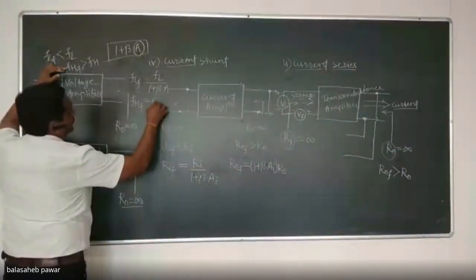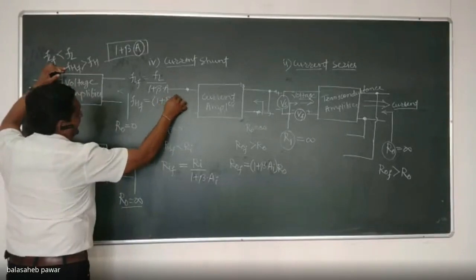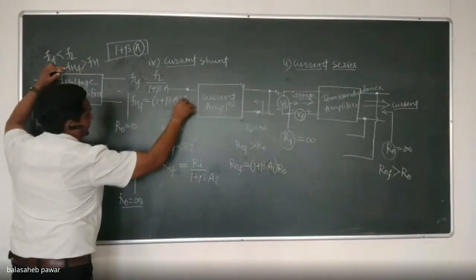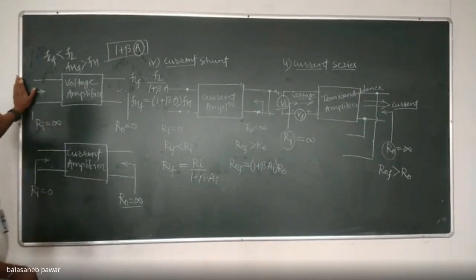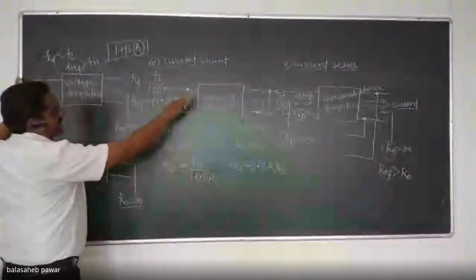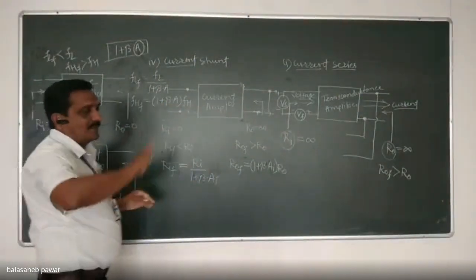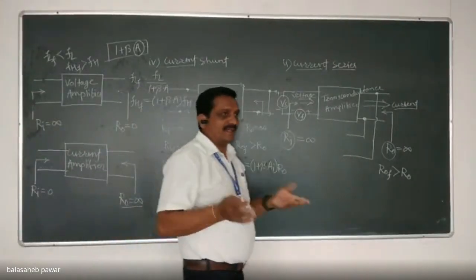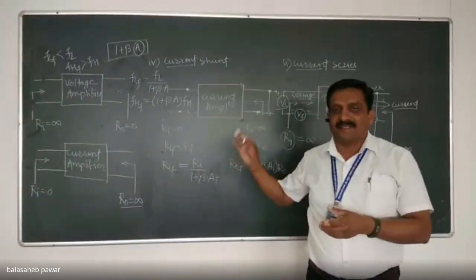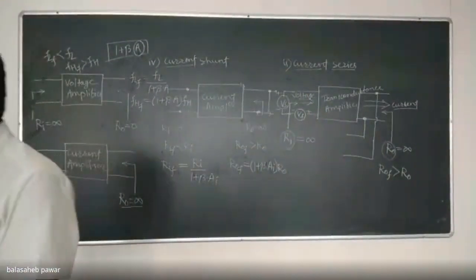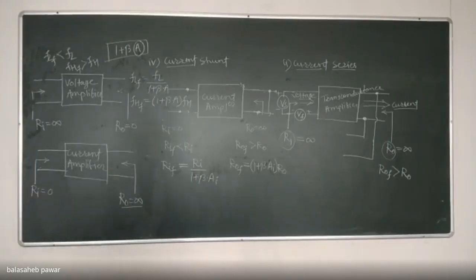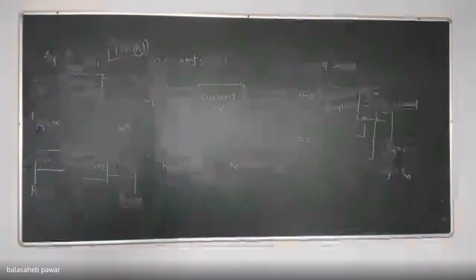FHF will be equal to 1 plus beta A times FH. So simple. Either increase or decrease, that factor is 1 plus beta A and it is applicable to all parameters. So no need to worry or mug up anything. Is it okay? Yes, sir. So mathematically, we will start that comparison from the next lecture.